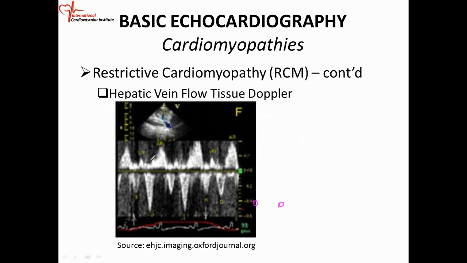So you can see that your diastolic flow reversal in expiration is not as huge as in inspiration. In inspiration, your diastolic flow reversal is increased, whereas with constrictive pericarditis, the increase is in expiration.